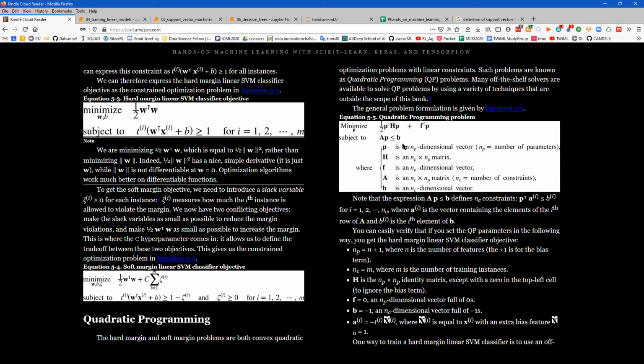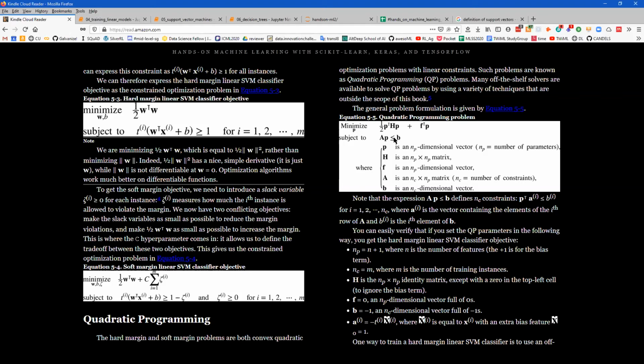Subject to. Okay, so we have 1/2 W transpose W. That's what we have to minimize, and we have to minimize it subject to some constraints. I think the constraints are where the slack comes in.